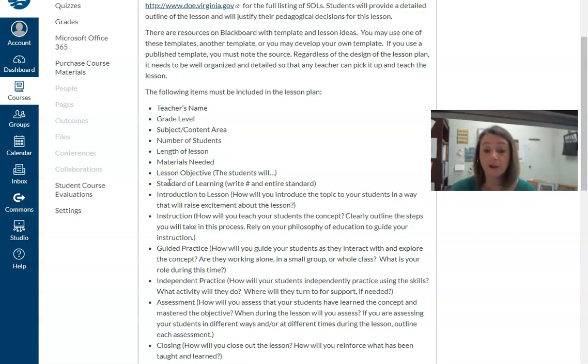So even though we know you're going to meet several of those standards, which one do you feel like is best met during your lesson? And then when you write your objective, there's a formula for writing it, and it always goes, the student will, and then you fill in the standard, when they, and then you fill in the activity. So your lesson objective is only one sentence long.